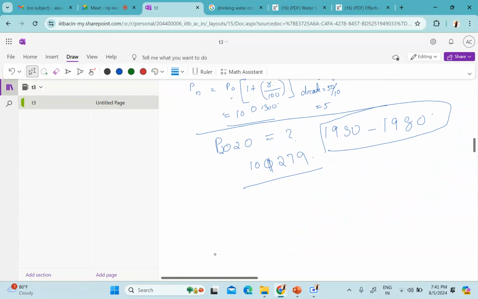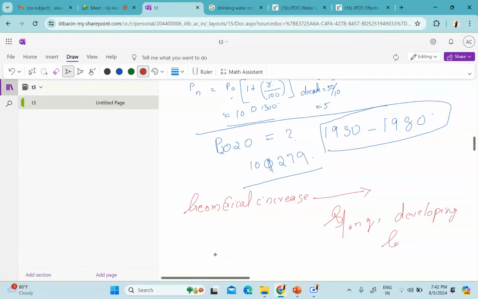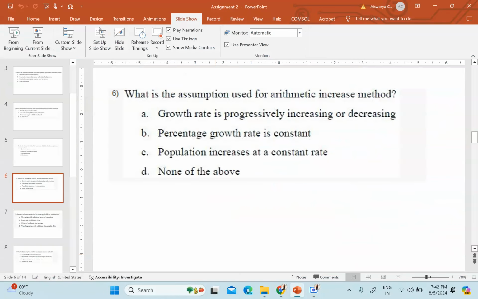This method, the geometrical increase method, is used for small and developing towns, young and developing towns. Okay, got it?